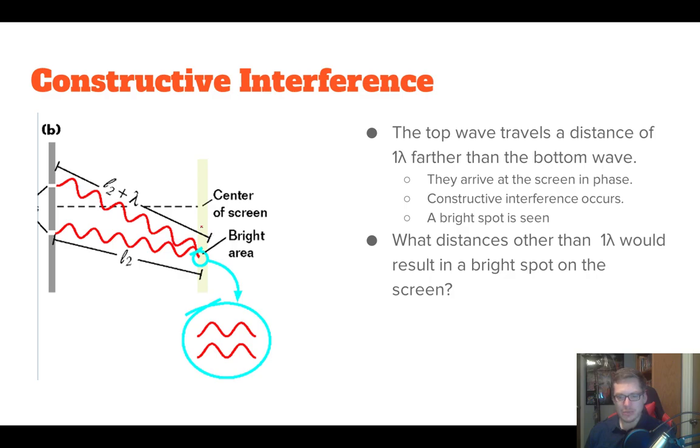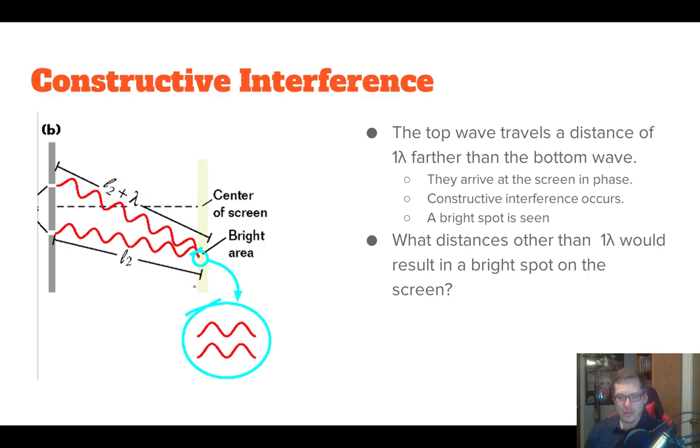In between these two, we would have the dark spot. This would occur when the path difference is exactly half a wavelength. So essentially, every single time our wave travels one wavelength farther, we get another bright spot.